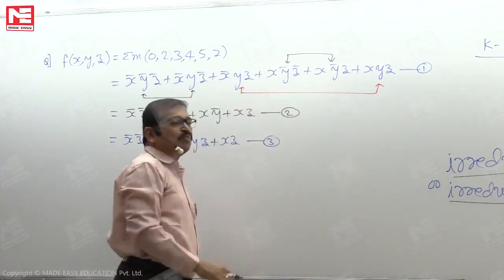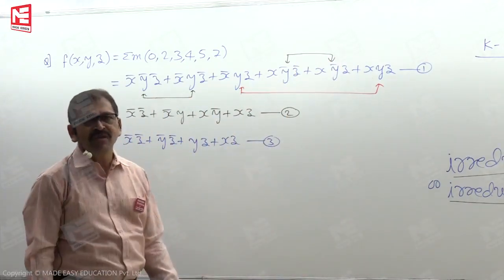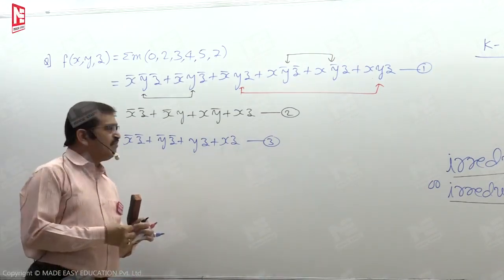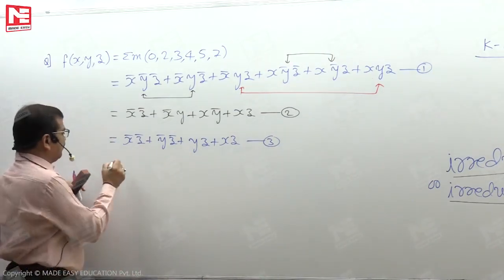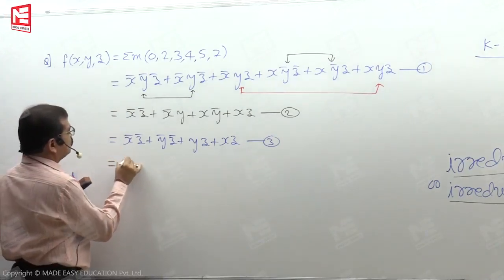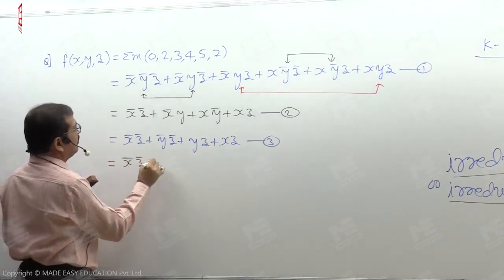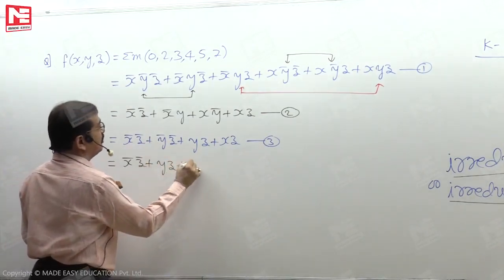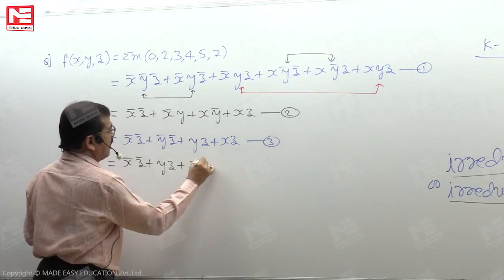With this grouping also, we have coverage of every min term. Once we have coverage of every min term, the simplified expression reads: from the first two terms, x complement z complement. From the third and last term, yz. From the fourth and fifth term, x y bar.